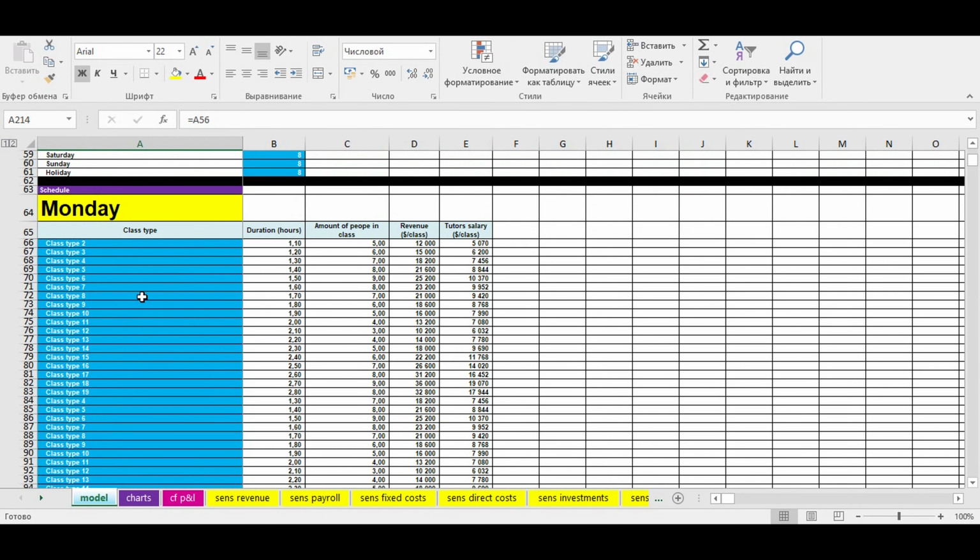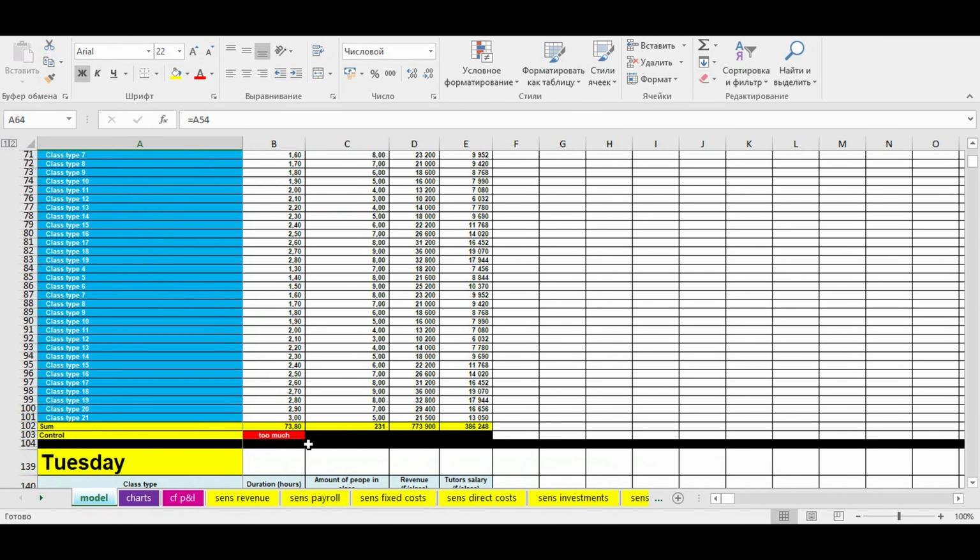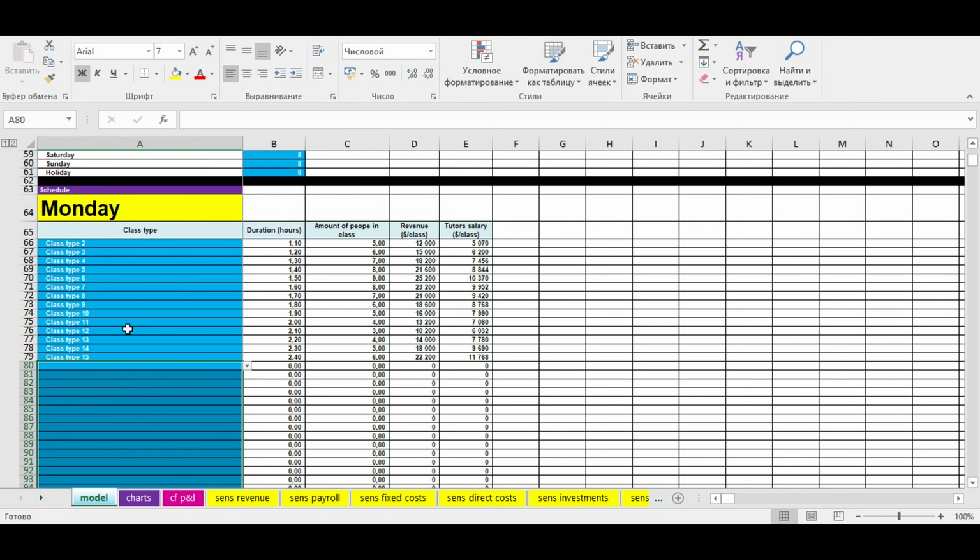Here, we can also see if total dance classes timing exceeds total working time of the day. If it does, we'll get a signal from Excel. We do the same action for all days of typical week plus holiday.